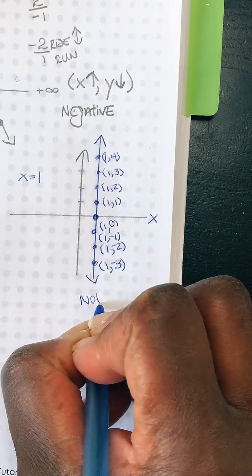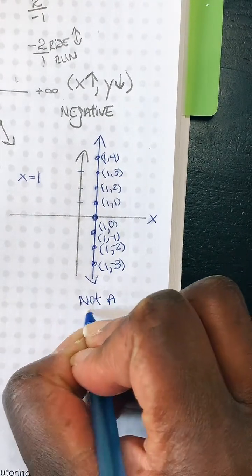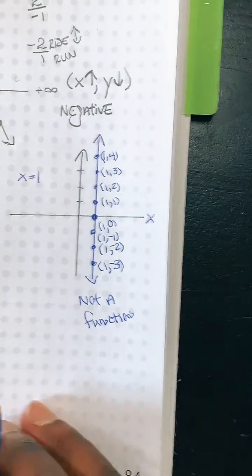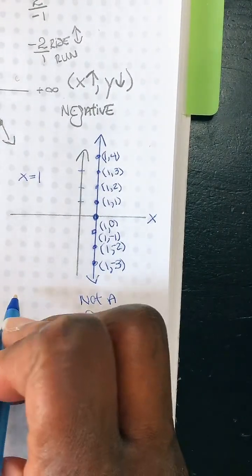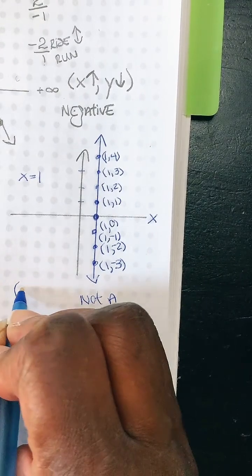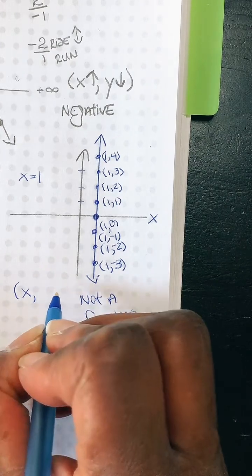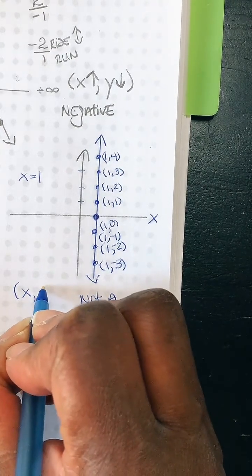I'm just going to write this down. Not a function. And then here's the thing. My x's are staying the same as my y's are basically increasing or decreasing.